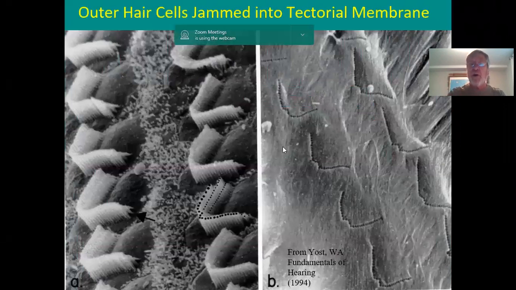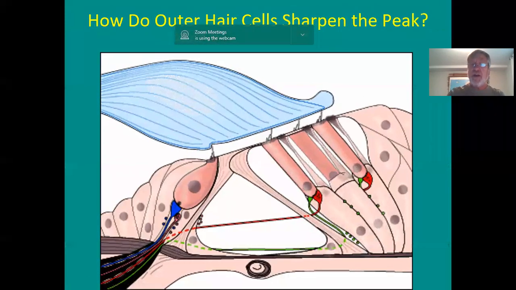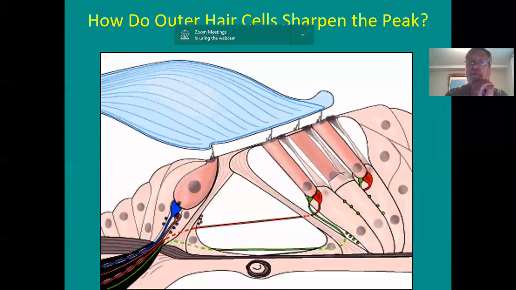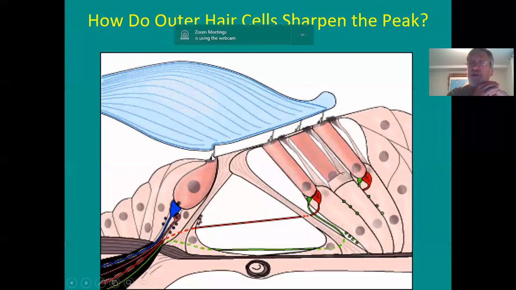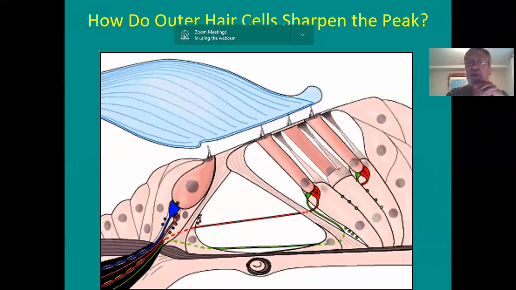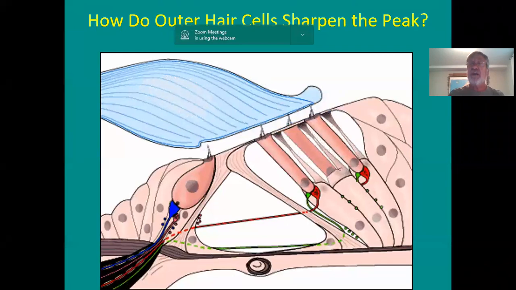Nonetheless, the following takes place. This is the action of the outer hair cells pulling the tectorial membrane down so that the inner hairs can get bent or sheared. Okay? Think of the outer hair cells as the muscles of the cochlea. They are literally acting like an amplifier, enabling the inner hair cells to detect sounds below 50 dB.